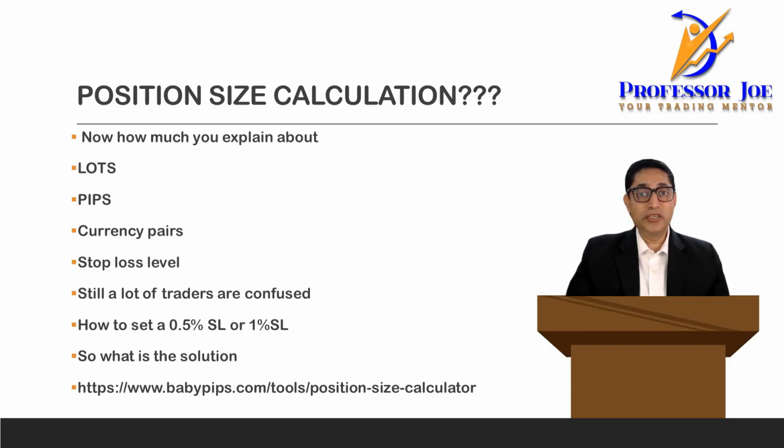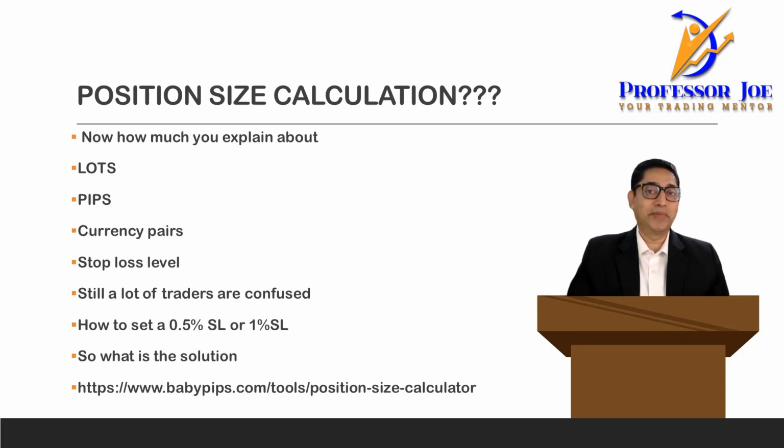Or sometimes I used to feel that I should just put one particular size in every trade and one particular stop loss in every trade. Like I would put 0.05 lots, or I would put 0.50 lots in one trade and 20 pips stop loss, standard.